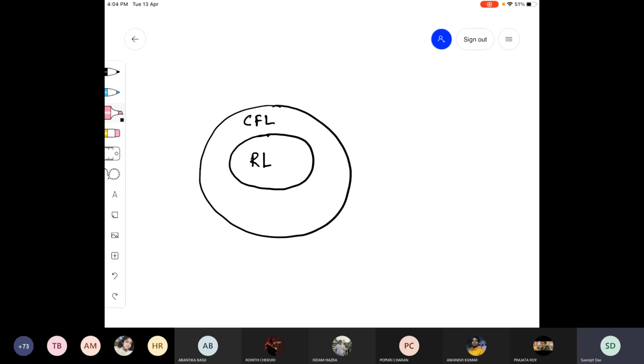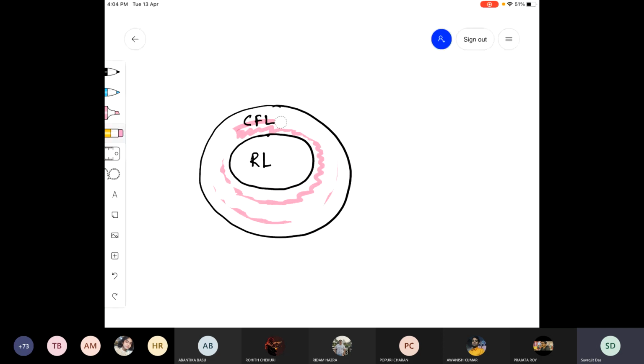When we talked about context-free languages, we also talked about certain classes of languages of most practical use, the deterministic ones like the LL(k) and LR(k) languages. I am omitting this portion for today's class, not to complicate things.